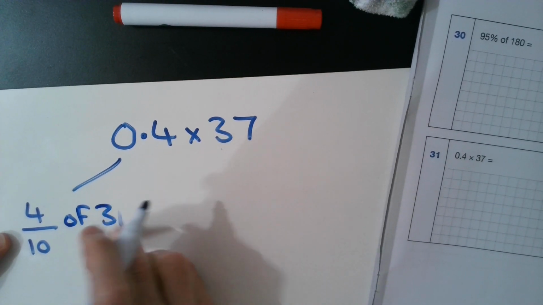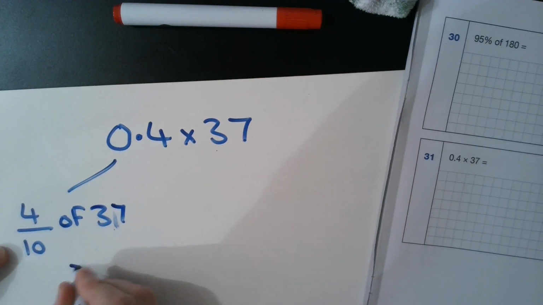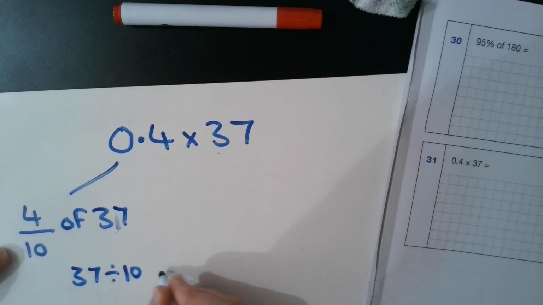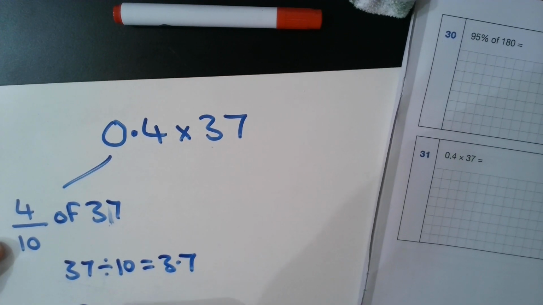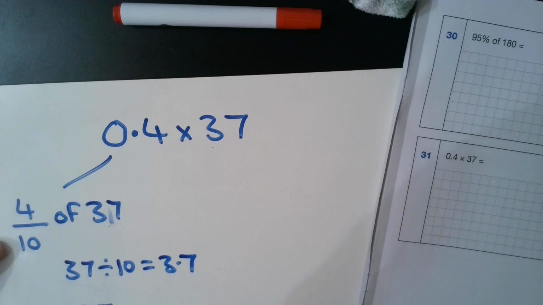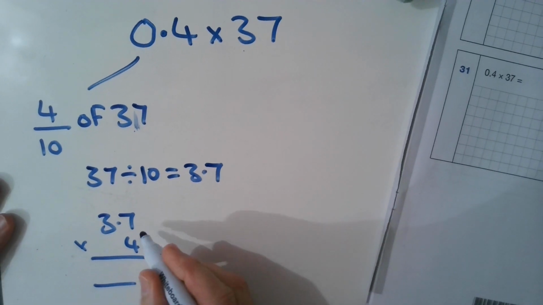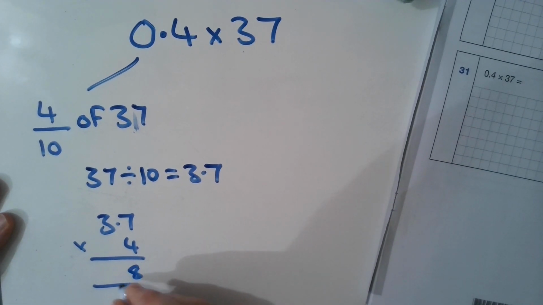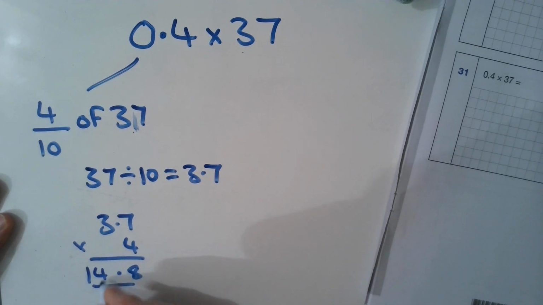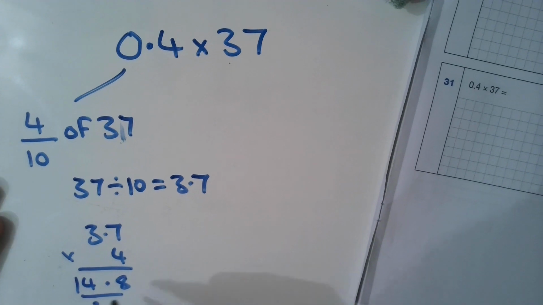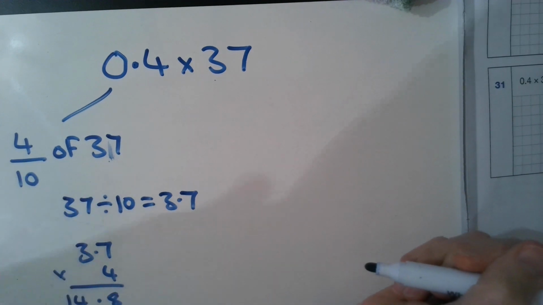Some of you will know that 37 divided by 10 would be 3.7, and then 3.7 multiplied by 4. 7 times 4 is 28, 3 times 4 is 12, add the 2, and we've got 14.8. Okay, so that's one way of doing it. Some of you might change it into a percentage, 40%.